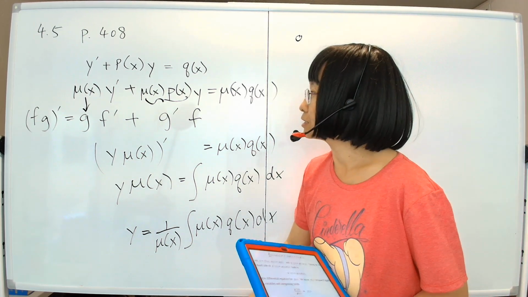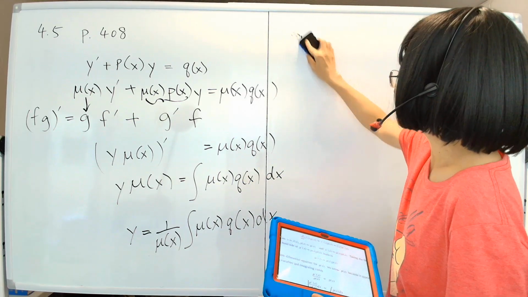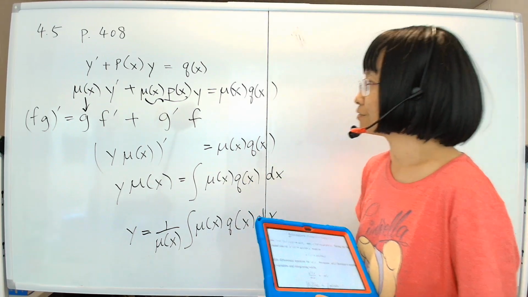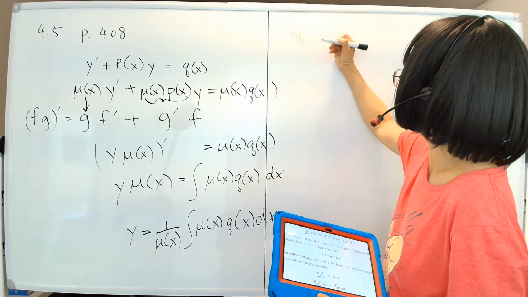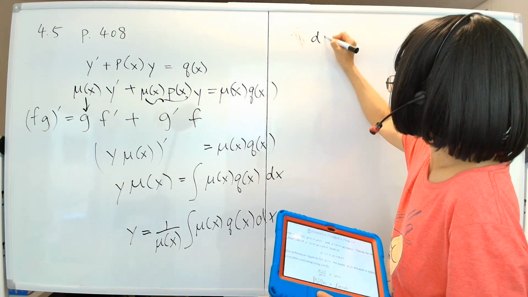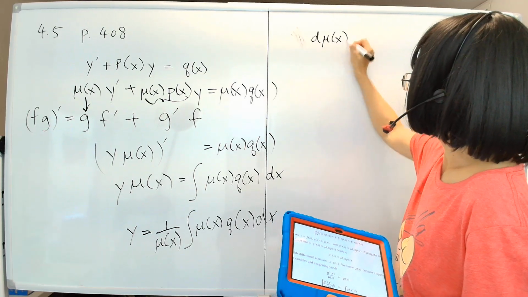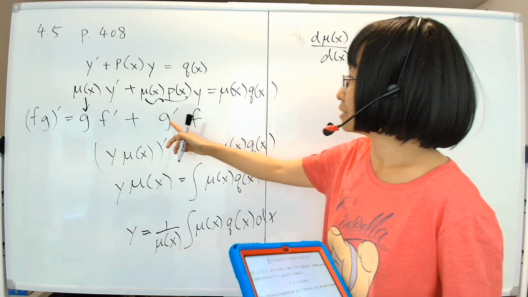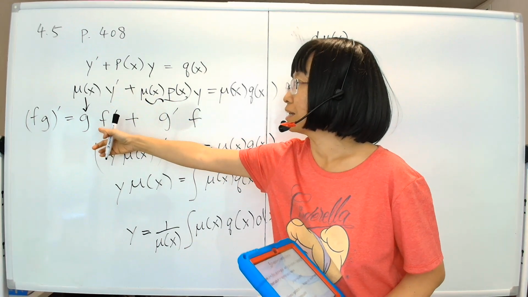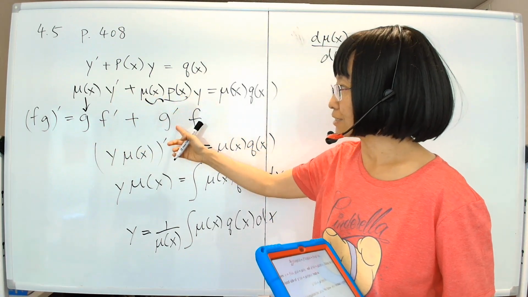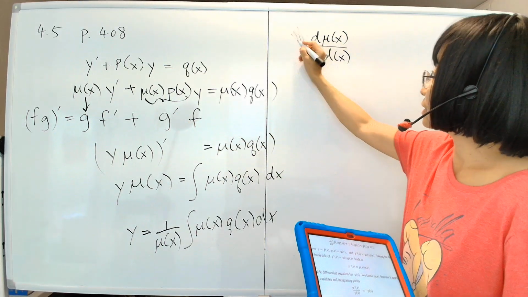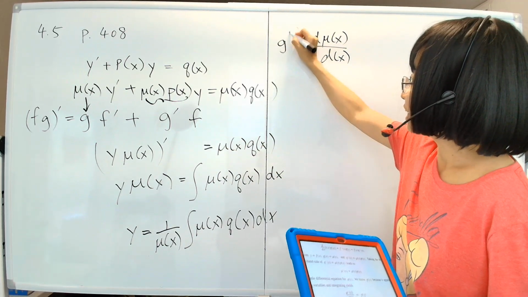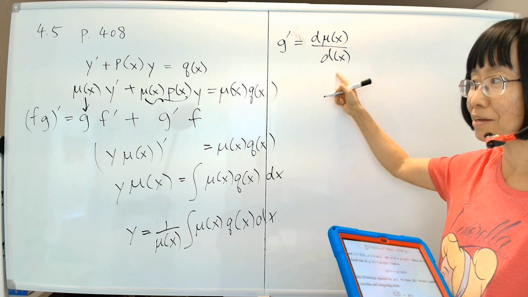In other words, mu of x is such that if you take the derivative of mu, so mu prime of, or put it this way, d mu of x over dx, okay, which is mu of x is g, so this thing is g prime, so then this is equal to g prime, okay, and so that's mu prime of x, right?